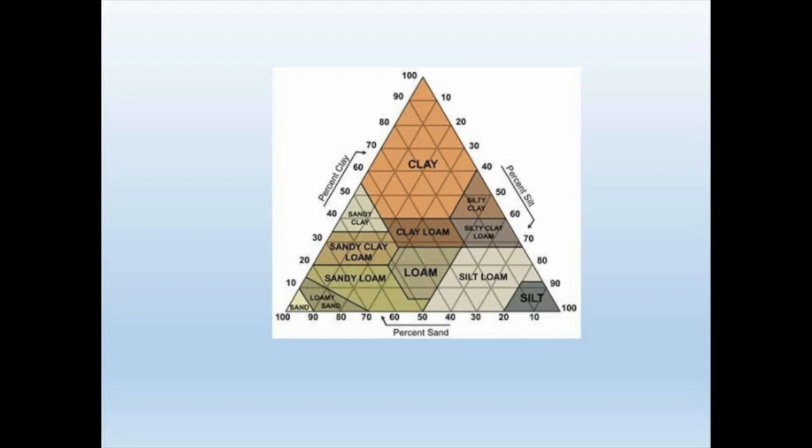The line that separates the clay loams from the clays is at 40%. So you don't have to be 40% clay to be considered clay. So clay has a lot of power, a lot of influence on our soil properties.